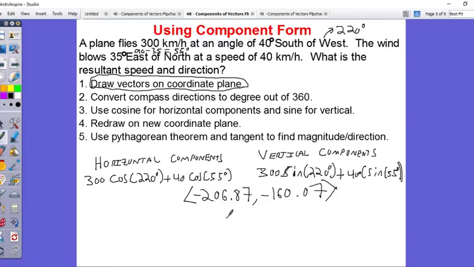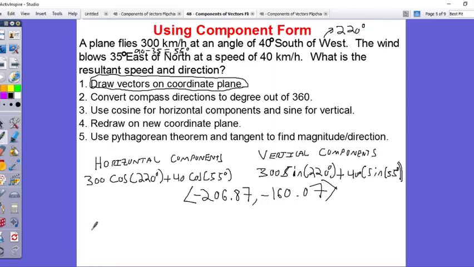Okay, now that we have our horizontal and vertical components, what we can do is use the Pythagorean theorem and the tangent theorem.